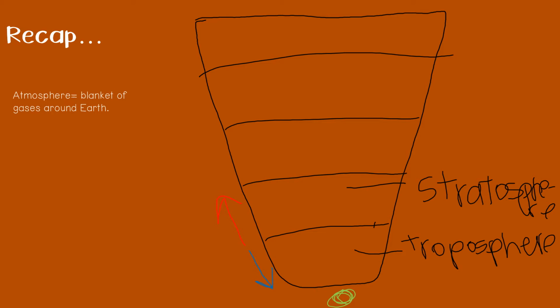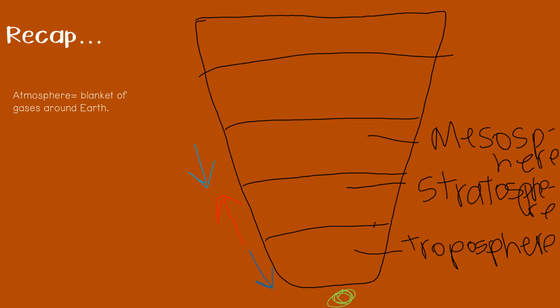Then after the stratosphere, we have the mesosphere. Remember, mesos, middle. The mesosphere is smack dab in the middle of the 5 layers. We know that the mesosphere is the coldest layer, and since it's the coldest layer, that means that temperature is going to decrease.